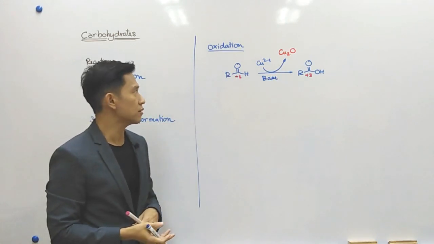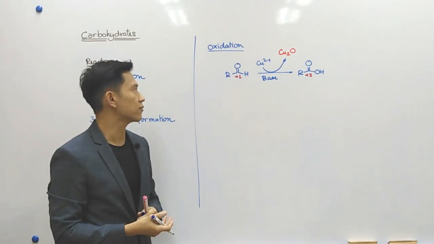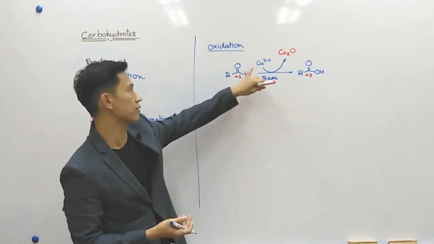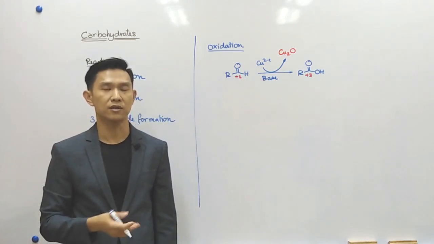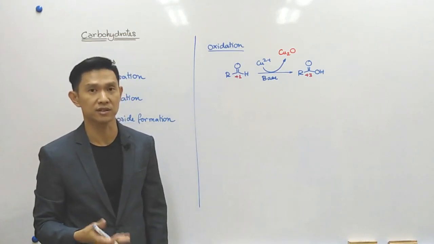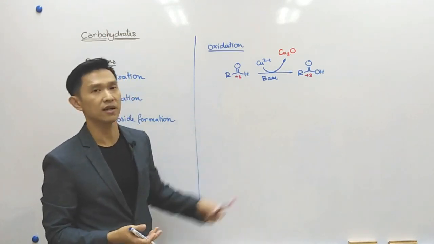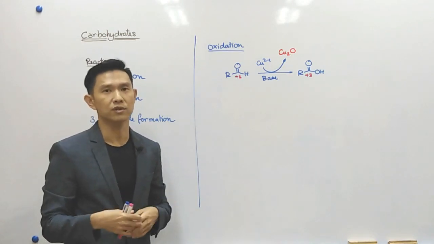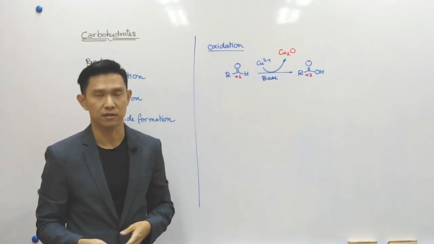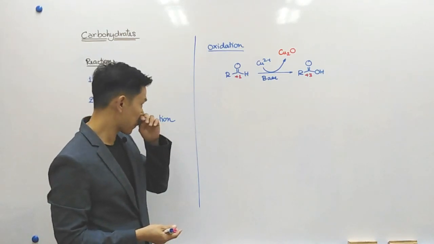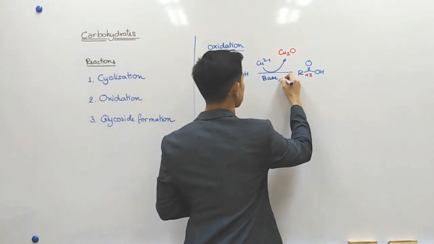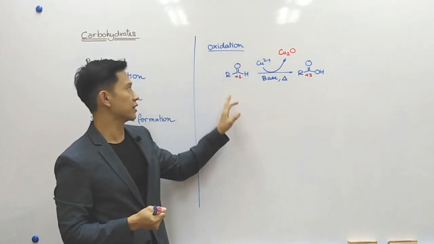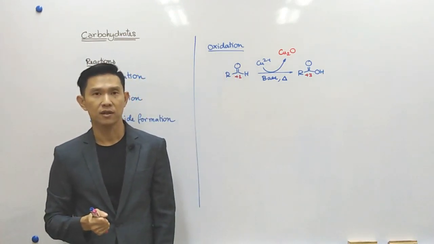You can use several kinds of base, but not sodium hydroxide, because sodium hydroxide will react directly with the copper ion, creating copper hydroxide instead. So the base over here, we normally use is a salt of carboxylic acid. Okay, and you also need heating as well. So this is the oxidation of the aldehyde.